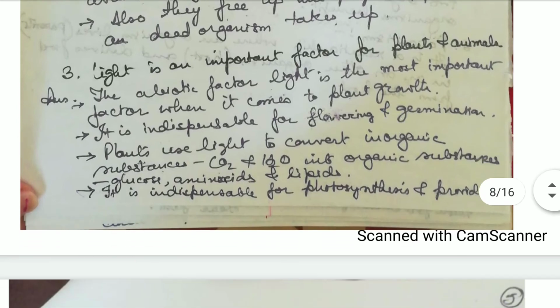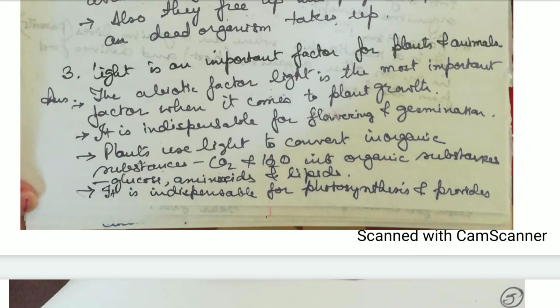Then third is light is an important factor for plants and animals. Why can you say that? The abiotic factor, light, is the most important factor when it comes to plant growth, because it is indispensable for flowering and germination.